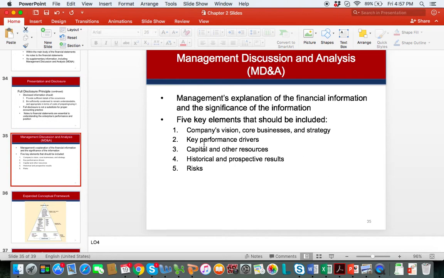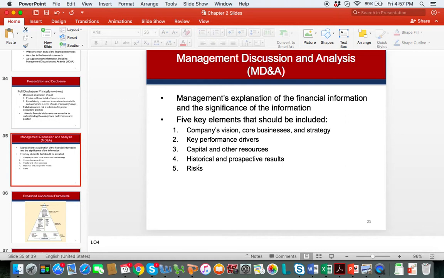Even your historical financial results at a high level up here. Then you look at your capital and other resources, so your funding and how you're sourcing your funding, whether it's through loans or through equity, equity being shares, and then historical and prospective results, and then the risks.